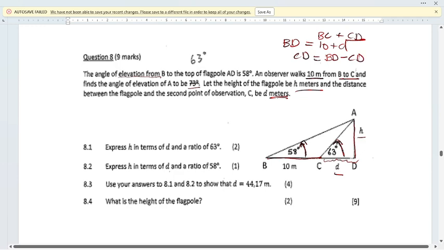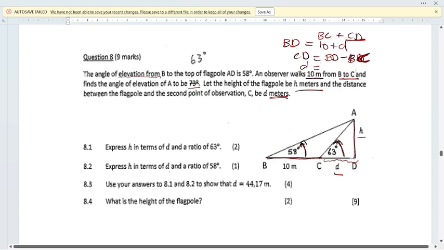So meaning CD is BD minus BC. Good. Now you are with me. What is CD on the diagram? CD equals 10 plus D minus 10, which is D. Is it correct? You get what I'm doing here? So you must know that.